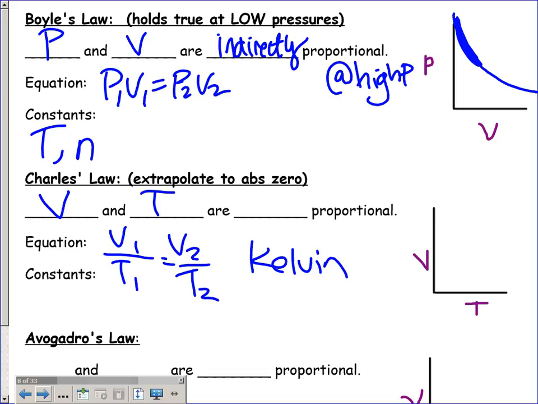And that's because if I increase the temperature, what happens to the particles? They move faster. So if I have my box of air, and I've increased the temperature, they're moving faster. What are they doing first?